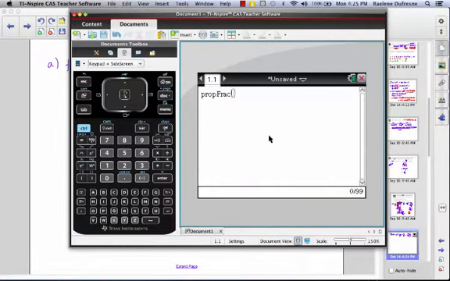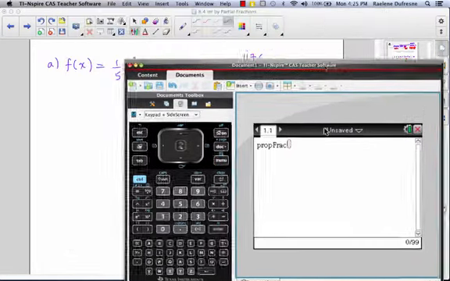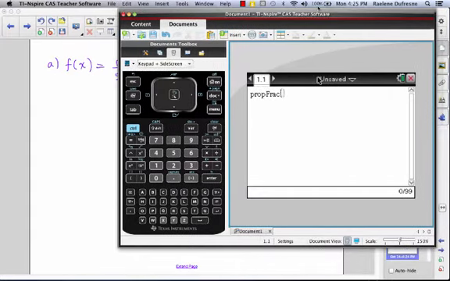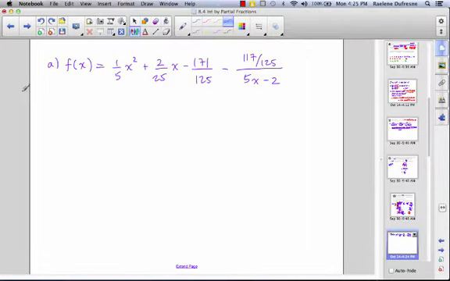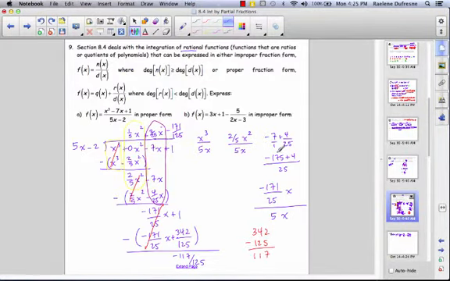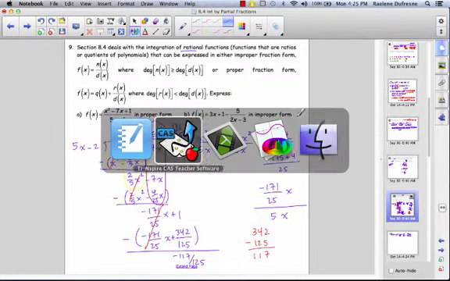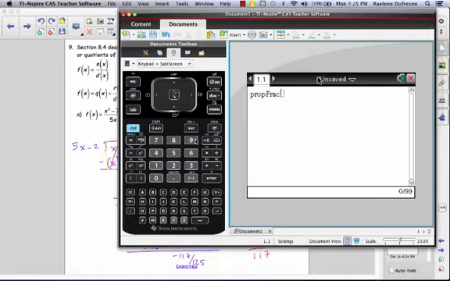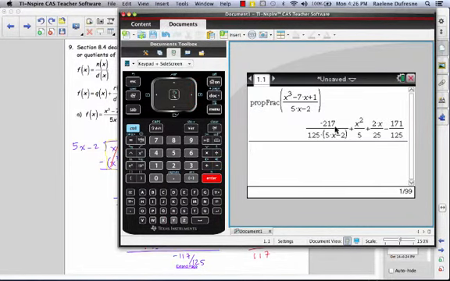From here you can type in the function that we had, which was x cubed minus 7x plus 1 divided by 5x minus 2, and we can confirm our denominator.